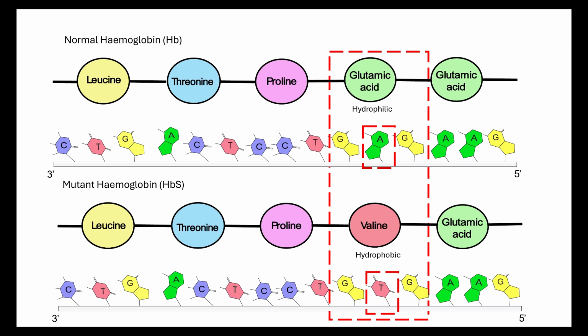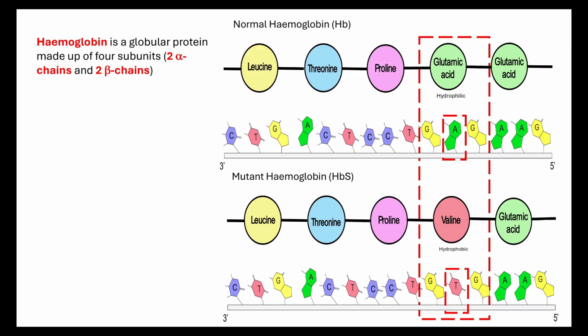In the mutant hemoglobin for sickle cell, we now have guanine, thymine, guanine. Well, because we have got this point substitution within the gene, what's happened is instead of us having the hydrophilic amino acid glutamic acid, we now have a hydrophobic amino acid valine.